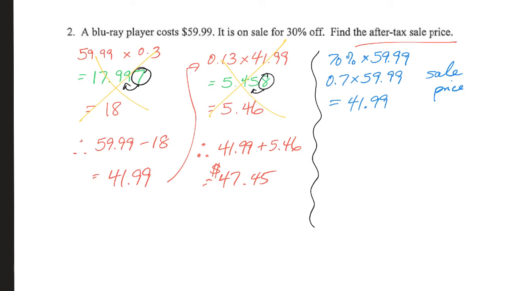Okay, next part. Since I didn't ask you about how much tax you pay, and all we care about is the after-tax price, then why don't we just get the total right off the bat? How much tax do you pay? 13%.